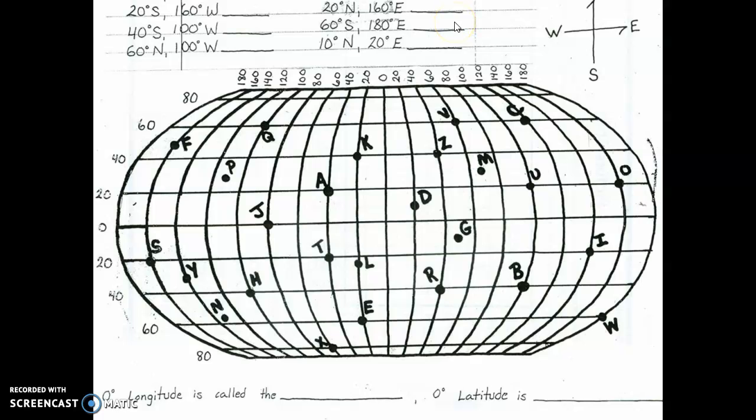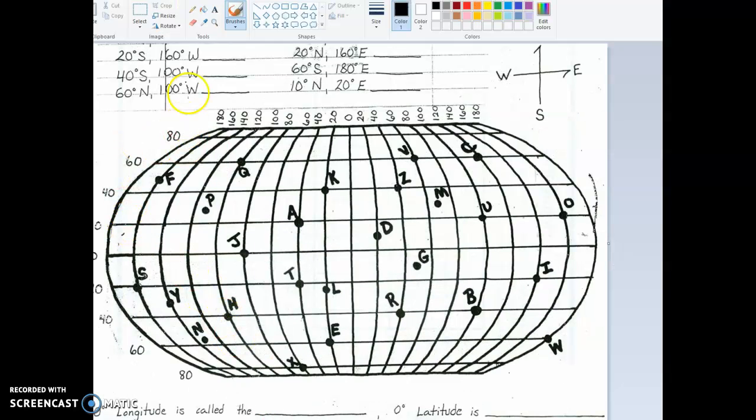Okay, so let's try this with using a different map. So I'll give you guys a copy of this one here, and we'll work with these examples up here at the top. So first one that we can see here on the actual screen, you guys have another example on the top of your map. Let's go ahead and do this one here with 20 degrees south, 160 degrees west. So we'll start here at the equator.